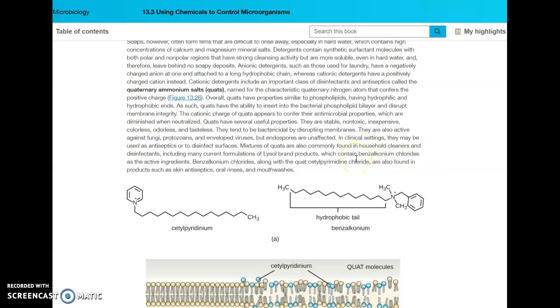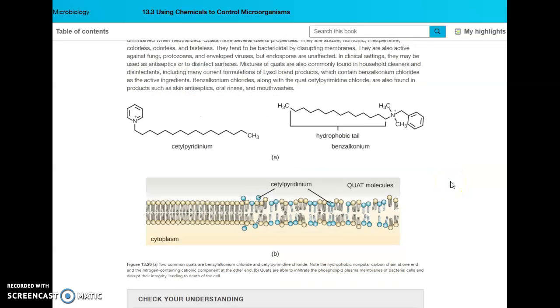Benzalkonium chloride is one of the major quats in use right now, and we find this in Lysol. We also find this in antiseptics because it's safe to use on the surface of the skin. It can also be found in mouthwashes or other antiseptic mouth rinses as well.